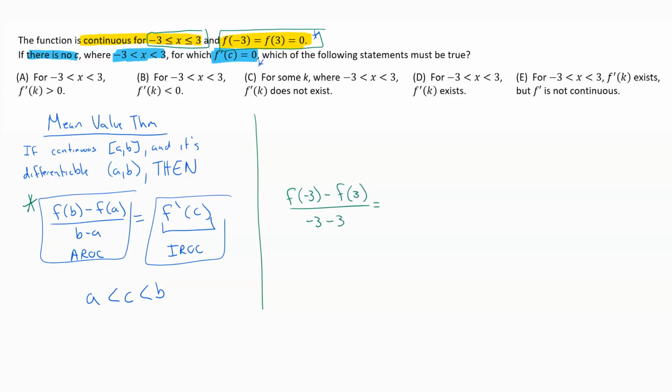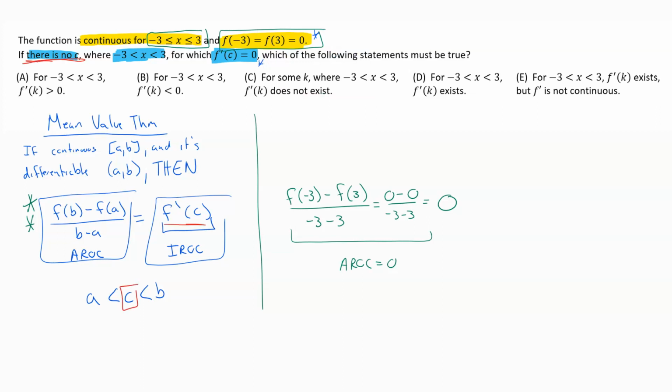Both of those f values are equal to 0, so this would be 0 minus 0 over negative 3 minus 3. And so out of there we get that this is 0. So this average rate of change is equal to 0 between the two endpoints of our interval. However, what they're telling us is there is no c value.